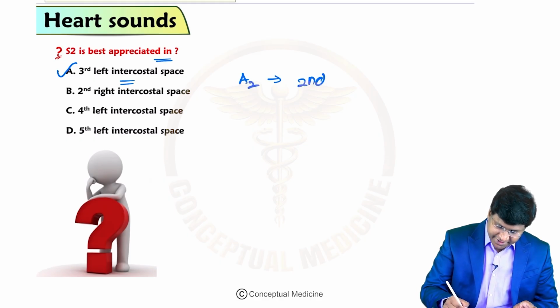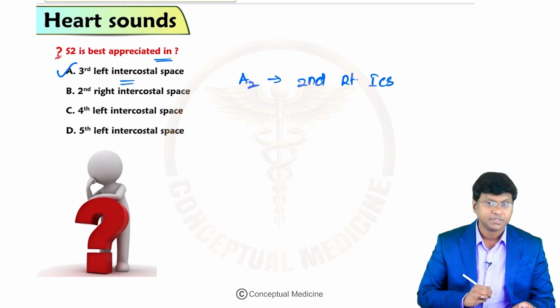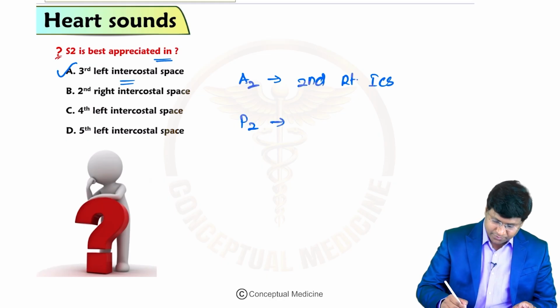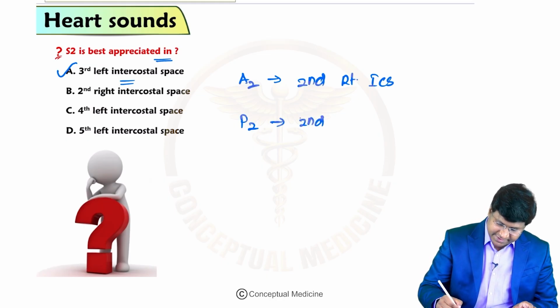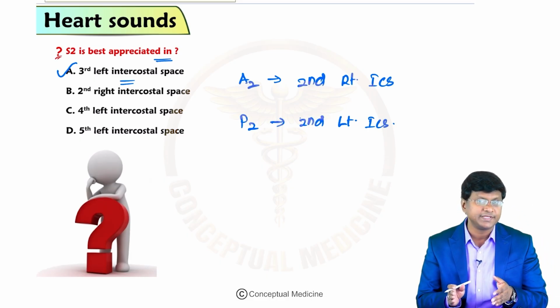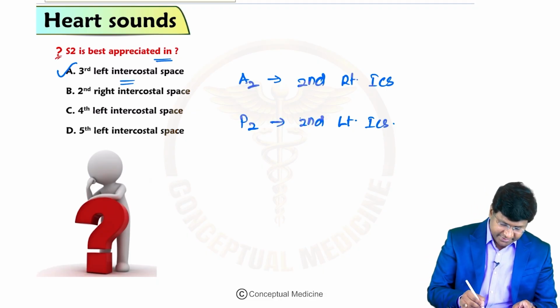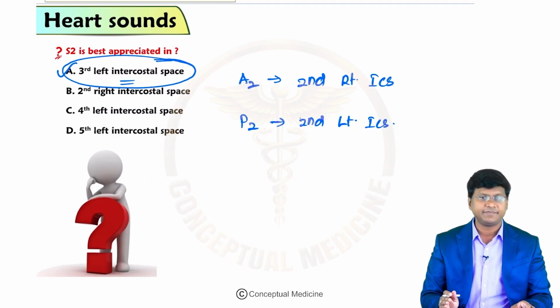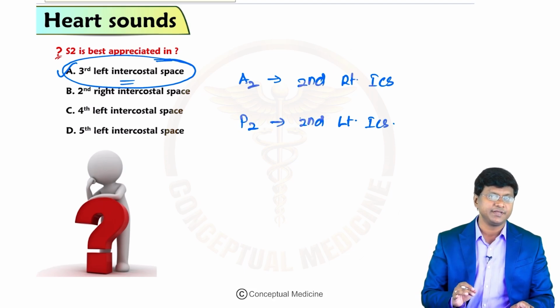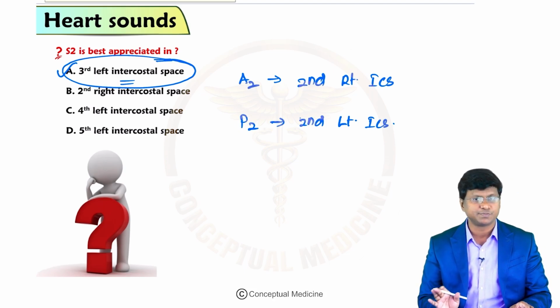A2 is better appreciated in the second right intercostal space. And where will you appreciate the P2 better? P2 is better appreciated in the second left intercostal space. Both A2 and P2 together, where will you appreciate that better? That is in the third left intercostal space. So S2 is best appreciated in the third left intercostal space.